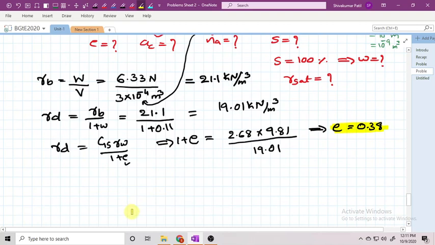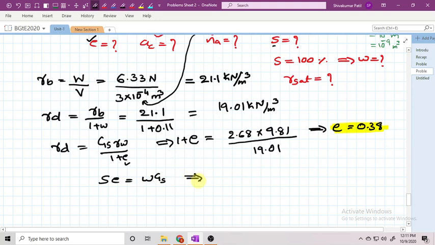Next, what other things are they asking? E I got, and S they are asking, no? One more formula I know: S E equals W into Gs.